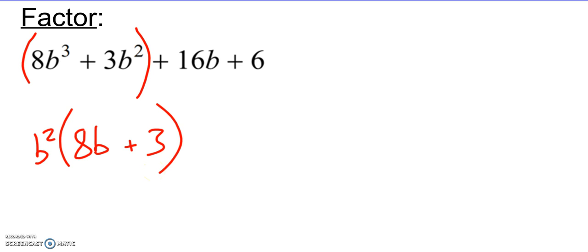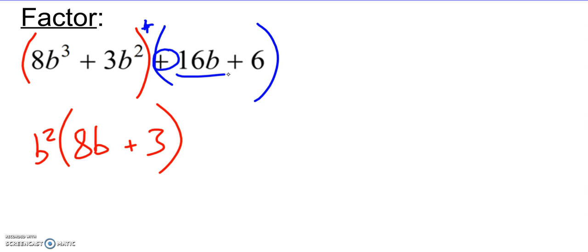And what we're going to do is then look at the second set. And what I like to do is put a little plus sign here just to know that I'm not quite multiplying, at least not yet. You'll see what that looks like in the end here. And then this symbol stays with this number, indicating that it's positive. That's going to be more important if it's a negative.